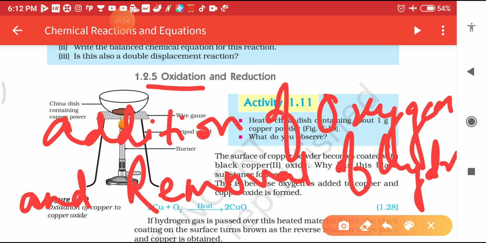Removal of hydrogen is called oxidation. Once again, listen: oxy is related to the word oxygen. Addition of oxygen and removal of hydrogen is called oxidation.